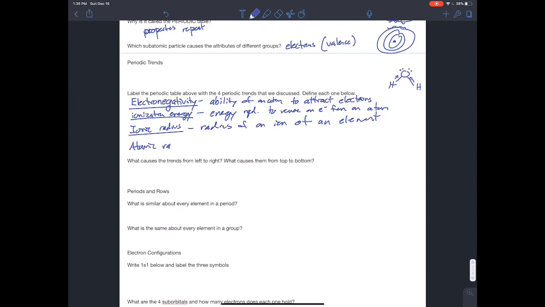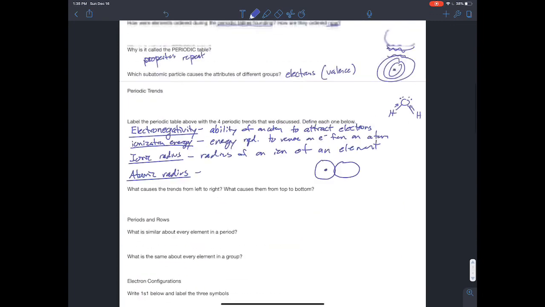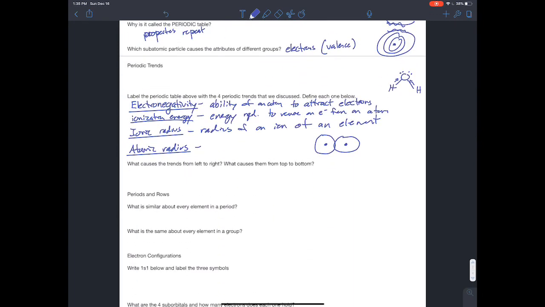And lastly, atomic radius, which we specifically defined as the distance from the nucleus to the outermost electrons when an atom is bonded to another of the same atom. If you have 2 atoms bonded together, it's half the distance between these 2 nuclei, because we're much better able to see where a nucleus is rather than where the electrons are.